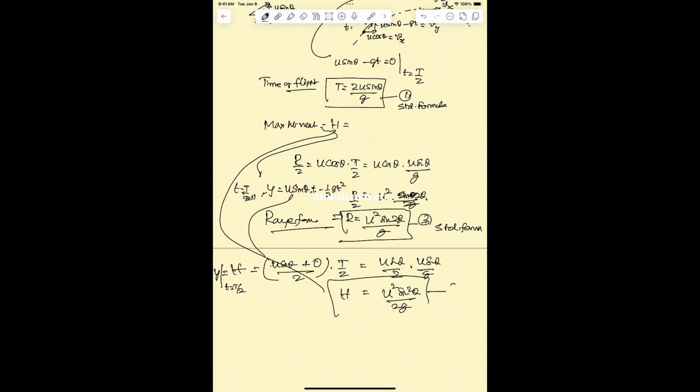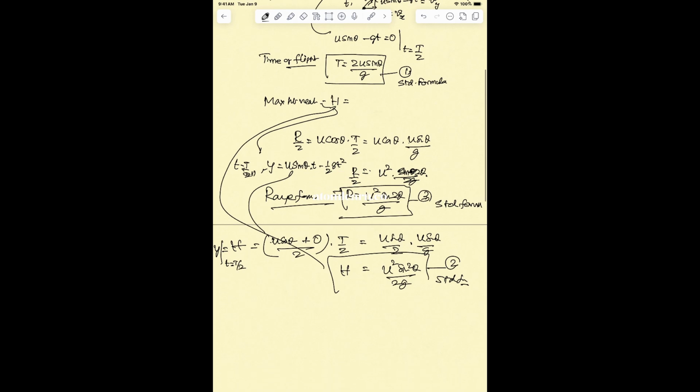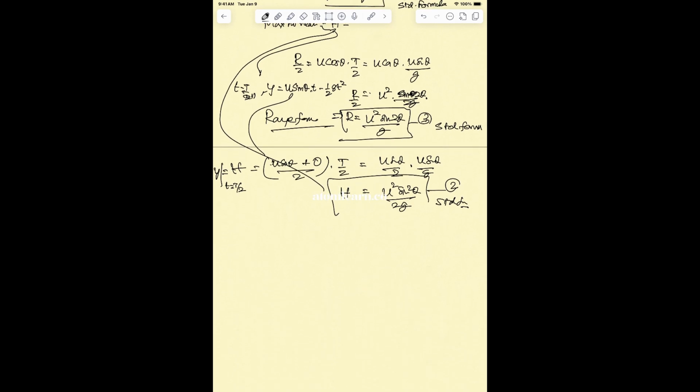Maximum height reached, formula number 2. So let us now summarize. So far we have got 3 standard formulas. One is the time of flight, 2u sin theta by g, standard formula number 1.